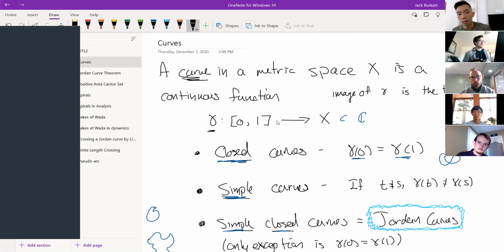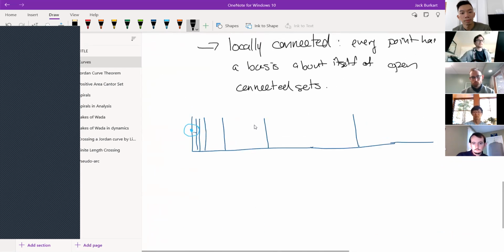I'll be referring to these interchangeably: if I look at the trace of a curve, I'm just going to call it a curve. But whenever I say that something is a curve, we should always keep in the back of our minds that this is a continuous function that maps onto this geometric object that I'm visualizing right there. I'm not going to be careful with that through the rest of the talk, but it's one subtlety that I did want to mention.